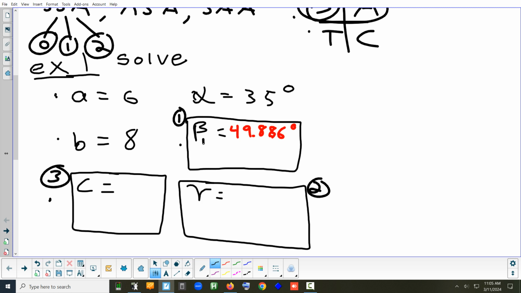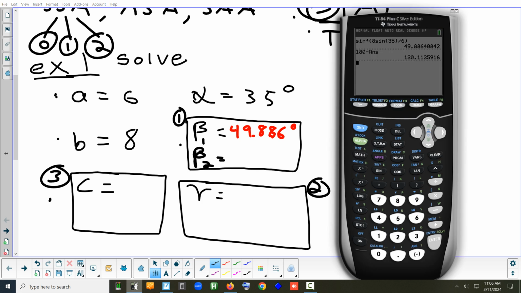So now what we're going to do is instead of just having one answer for beta, we're going to have two answers for beta. So we're going to have a beta 1 and a beta 2. Beta 2 is what was on the board right there, 130.114.